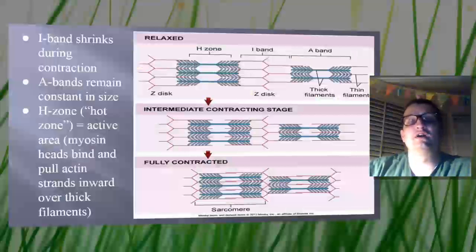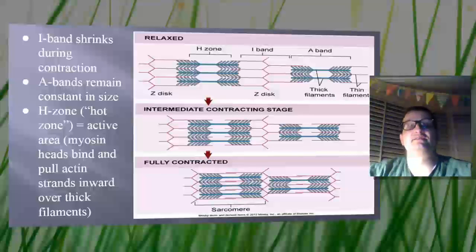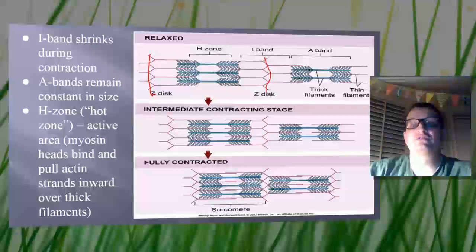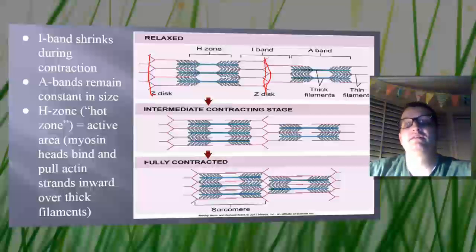This shows what happens at the sarcomere level, and each sarcomere has several different bands and discs involved. Basically, here's the Z discs again. This is what you always look for first. And then the I band shown here is essentially myosin.